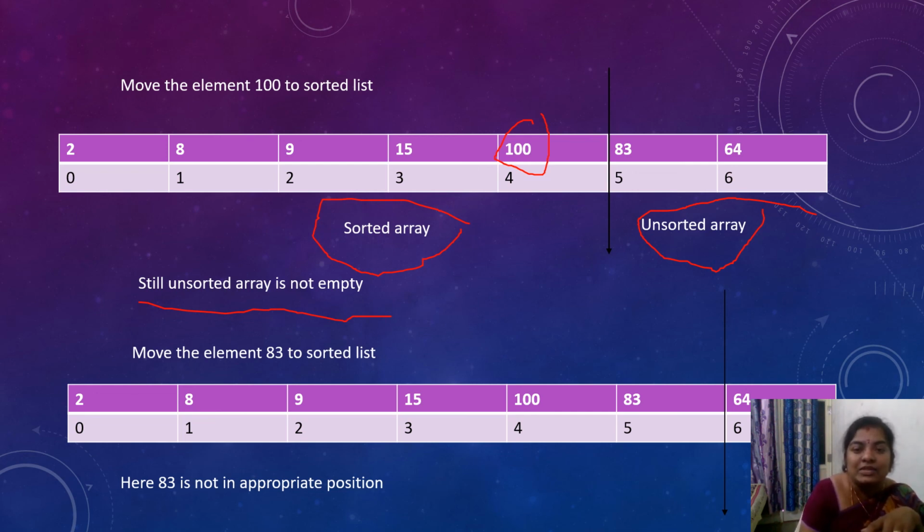So again move this 83 to the sorted position. The remaining element is only 64. Now again compare this 83 with this element, 100. 83 is less than 100. So move this 83 to this one and 100 is moved to this place. Okay.